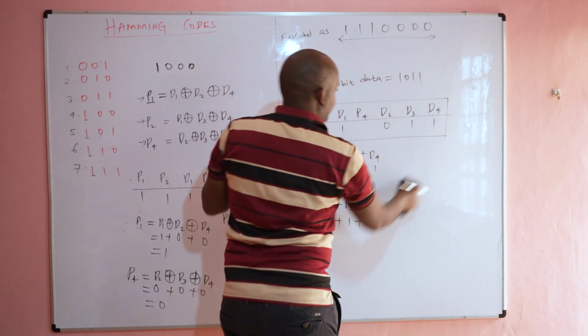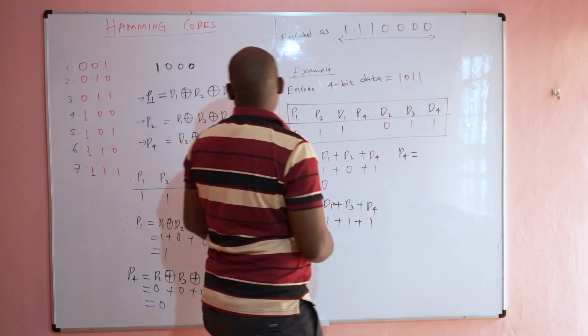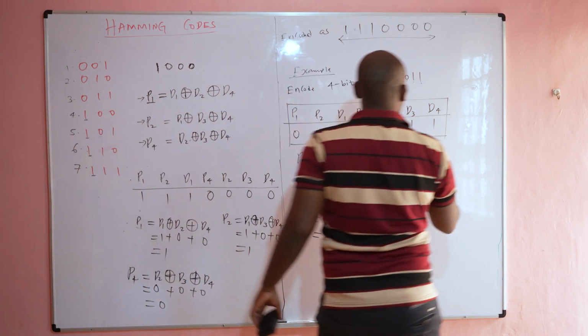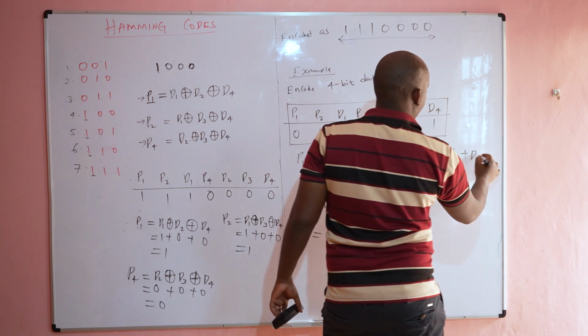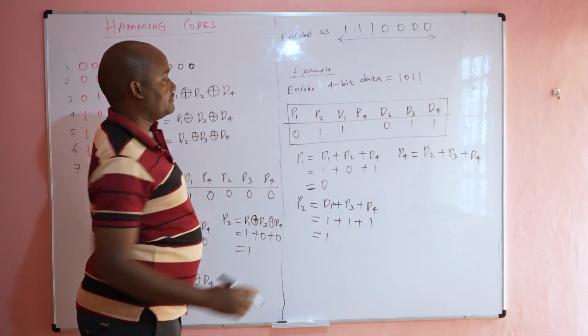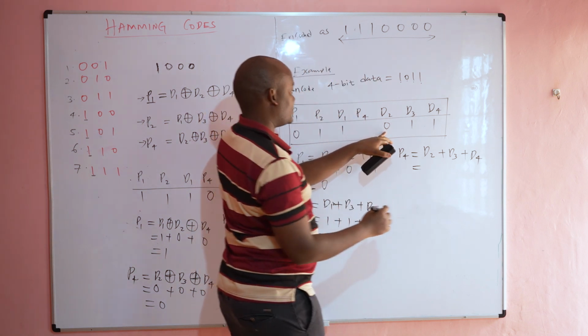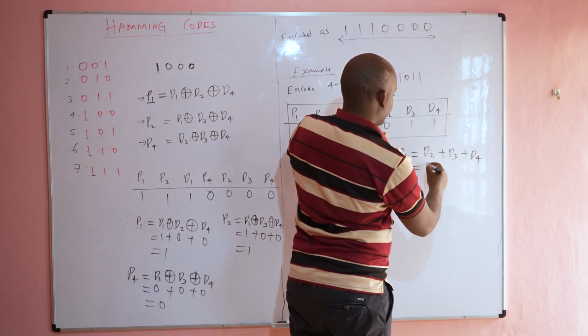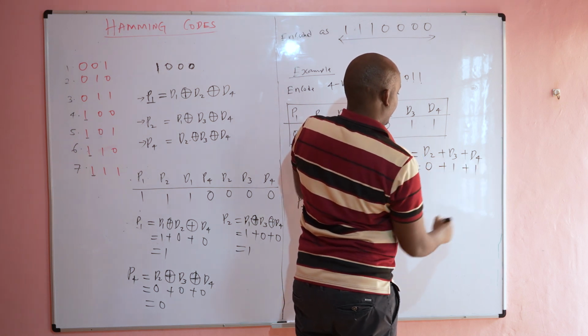Next is parity bit 4. Parity bit 4 is given by D2 plus D3 plus D4. You know what your D2 is, as already given, it is 0. D3 is 1, and D4 is 1.